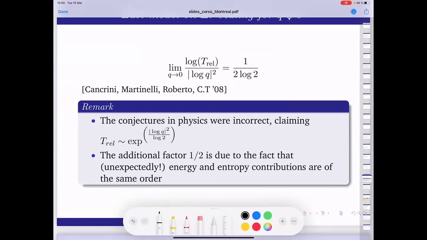In fact, the physicists made many simulations and also analytical works at the beginning, in the 90s I would say, and they got it wrong for the constant in the exponential. They got it wrong by a factor 2. This is due to the fact that they neglected some entropy contributions. I'll tell you in a second what I mean by that.